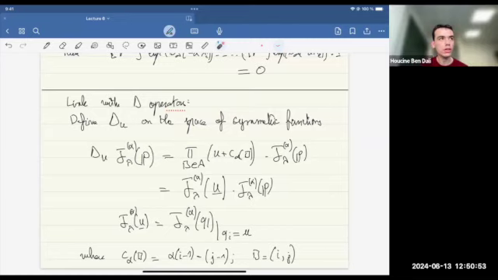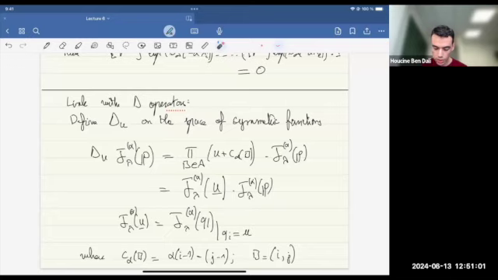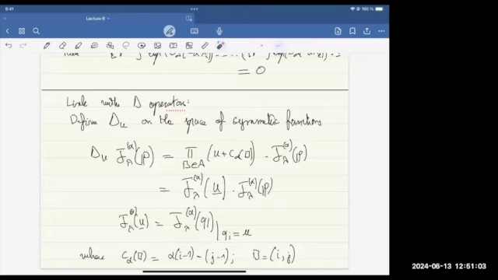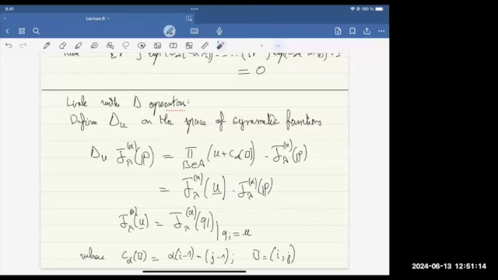In the hook content formula, you have U plus the content of a cell divided by the hook of the cell. So do you have something like that that is combinatorial in its nature?